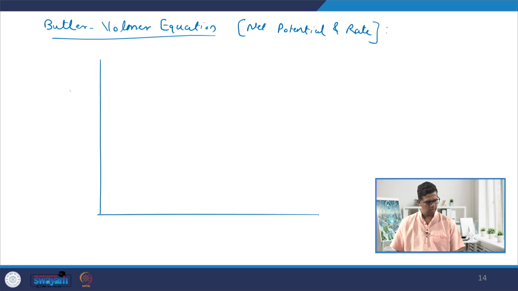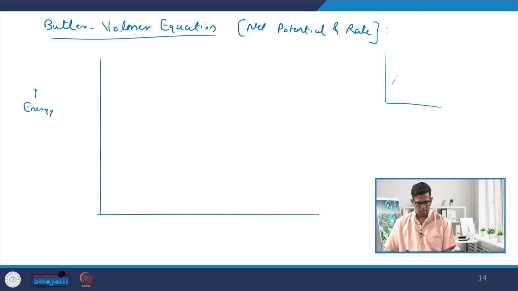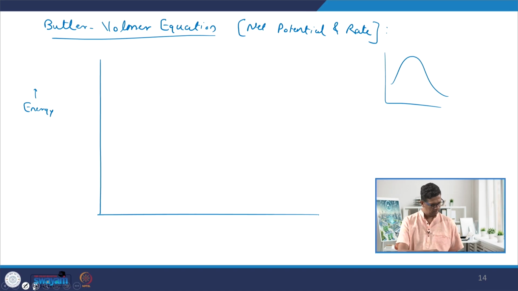So this is our energy vertical. Instead of drawing a curved shape, we are going to make it slightly more triangular so that we can put some numbers and form the relations. Let me use different colors.